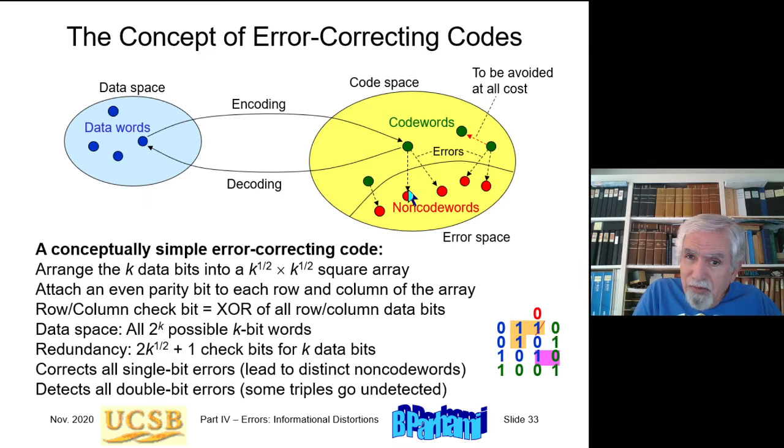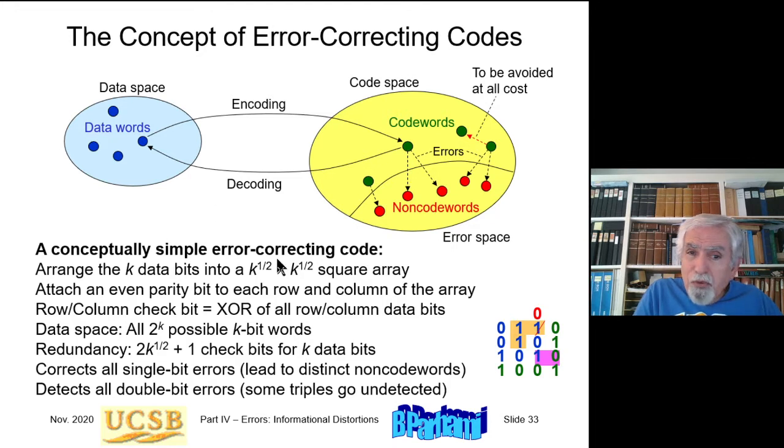If we receive this erroneous word, we are not sure whether the correct word was this one or this one. As long as we don't have many to one mapping, then we'll be able to correct the error.